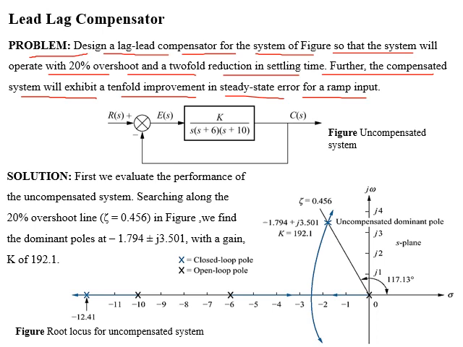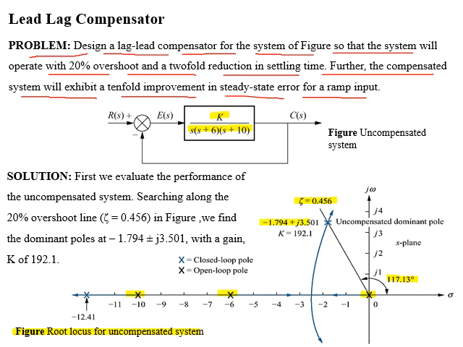Students, if you look at forward path transfer function of the closed loop system, in this we have three poles. One is at origin, second at -6, and last pole at -10. We will start the solution by sketching a root locus for the system.